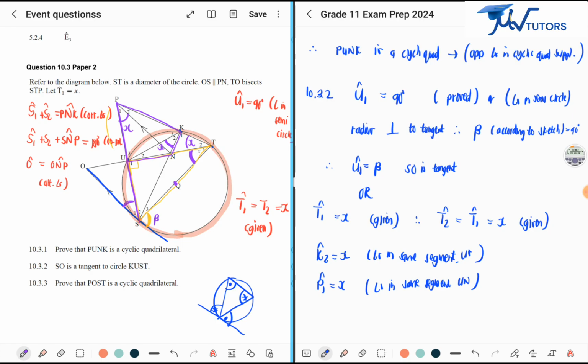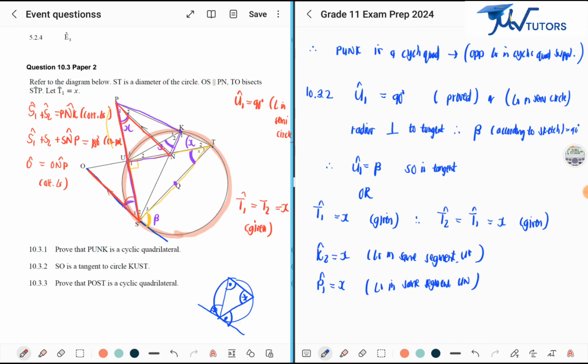Remember we have parallel lines. Let me just use a different colored pen. Maybe parallel lines can come into play. So there we have the parallel lines. Oh, yes. We have alternating angles.